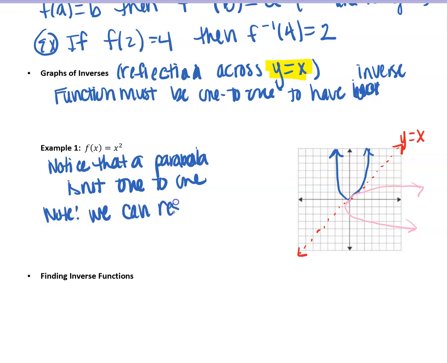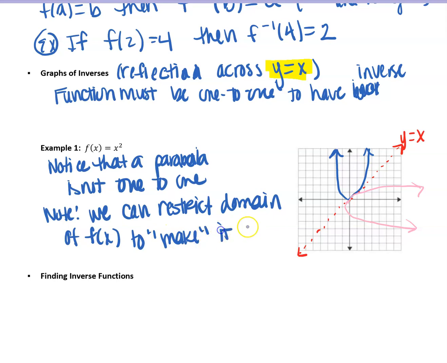We can restrict the domain. If we restrict the domain of f of x, our blue function over there, to make it 1 to 1, then we can create that inverse. So we're going to erase here, restrict that and get rid of this part over here so that when it reflects, we only have this part here. And then you can see that the blue and pink are both functions and one-to-one. And so when they're reflecting, there's no issue there.